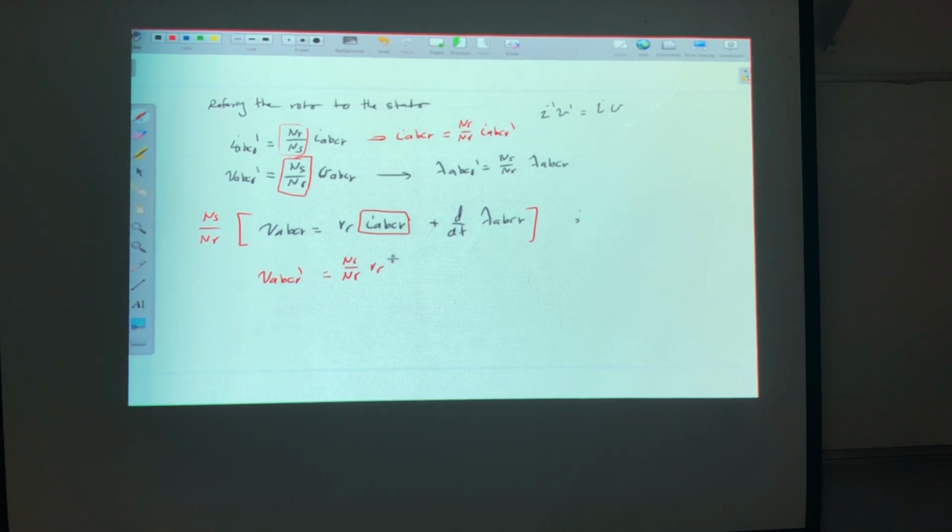So here I will put NS over NR IABCR dash, and here I'm having plus NS over NR d by dt, and here I need to refer it, so I need to use NR over NS lambda ABCR dash, correct? So here what I'm getting is the referred resistance. RR dash will equal NS square over NR whole square.